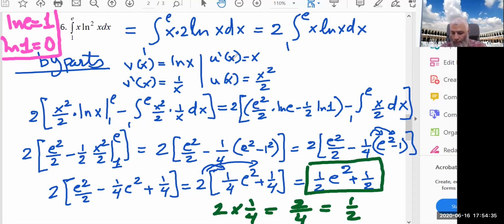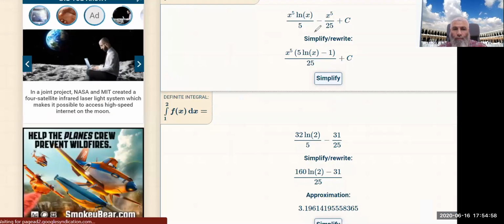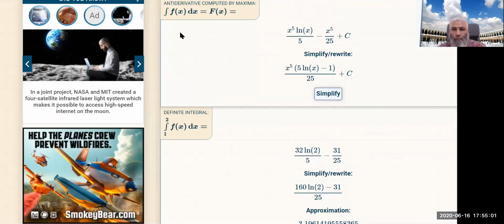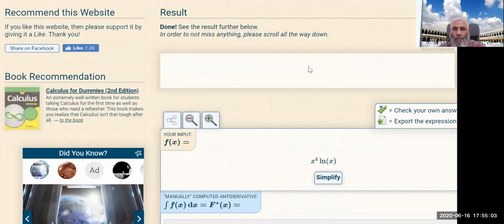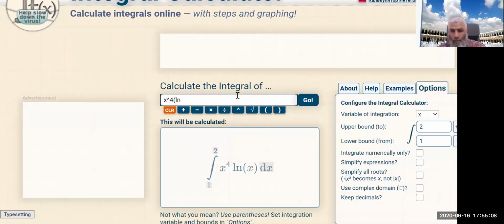We'll check this and finish today. From 1 to e of x ln squared x dx, our answer is 1 over 2 e power 2 plus 1 over 2. So, Bismillah ar-Rahman ar-Rahim.